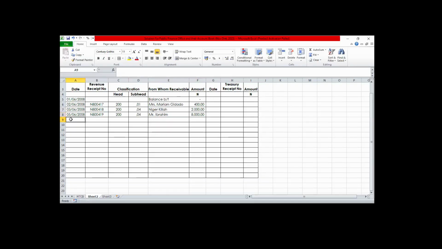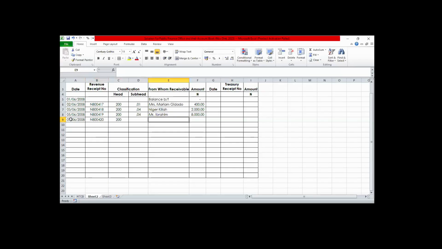The next person. What date? 7th of June 2008. N800-420, paid under head of 200.